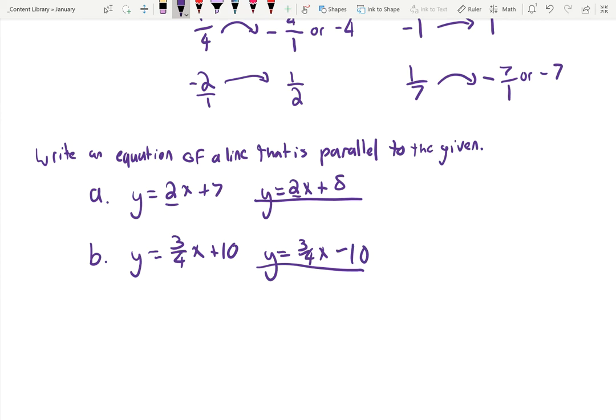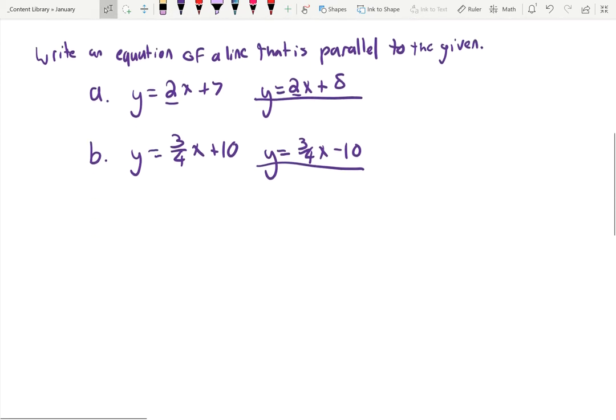Slope is still 3/4, but it has a different y-intercept. Again, there's more than one answer here. As long as you don't put plus 10, you're correct. You can say 3/4 x plus 9. You can say 3/4 x plus 19. You can say 3/4 x minus 10. As long as it's different than the original, it's parallel. And you have to make sure the slope's the same. That's very important.